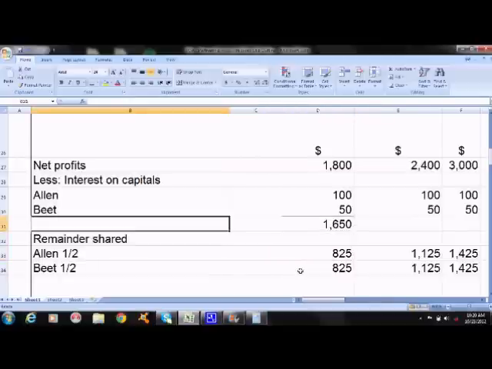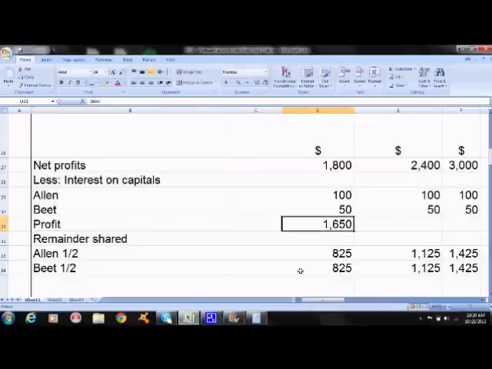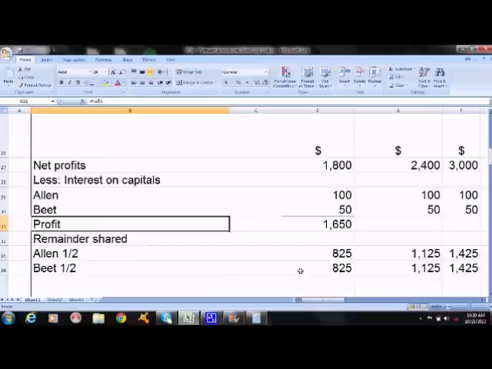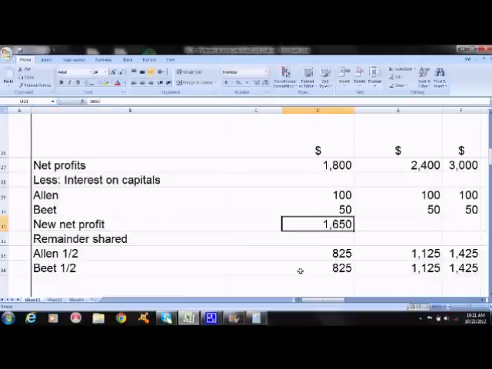Because half of the profit, because this is called profit. This is profit, in this case profit. So this is the new net profit. Basically we call it a new net profit. So new net profit is 1,650.